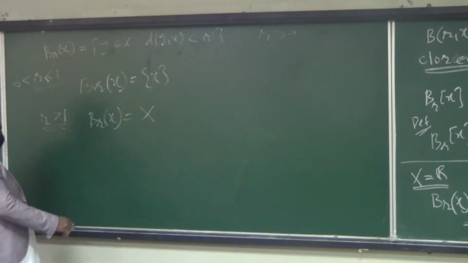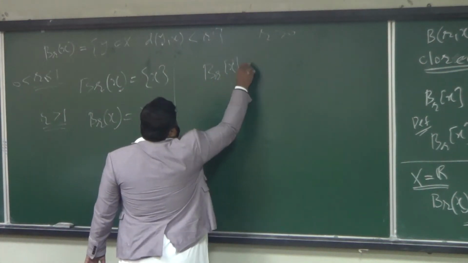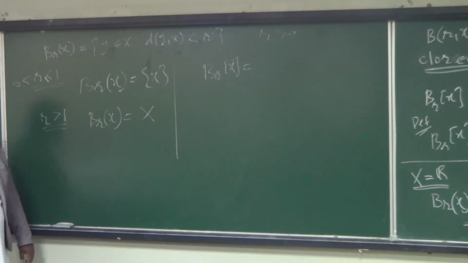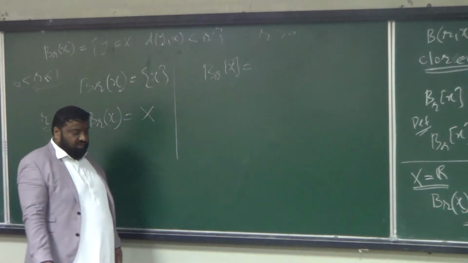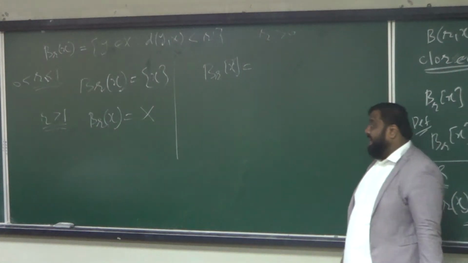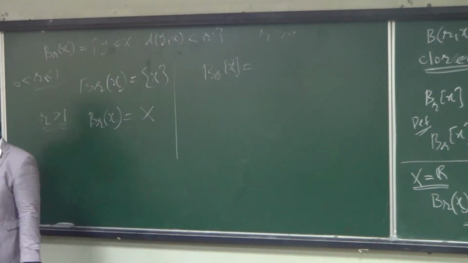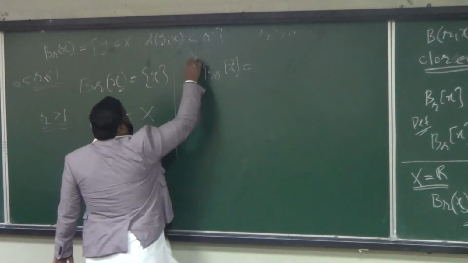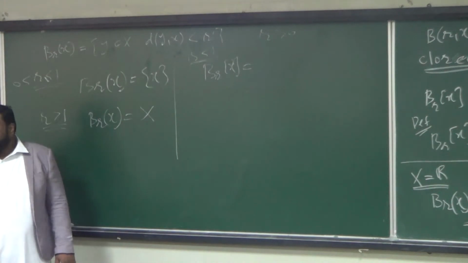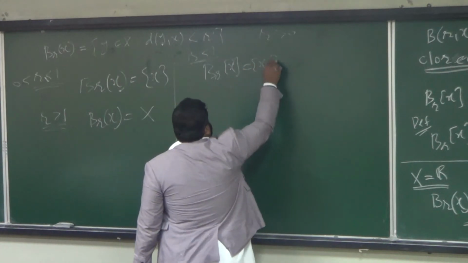Okay, how about the closed ball? It's the set of those points whose distance is less than or equal to R. So you can again have two cases: if R is less than 1, or R is greater than or equal to 1. If R is less than 1, then the closed ball of radius R around x is going to be a singleton, only that point.